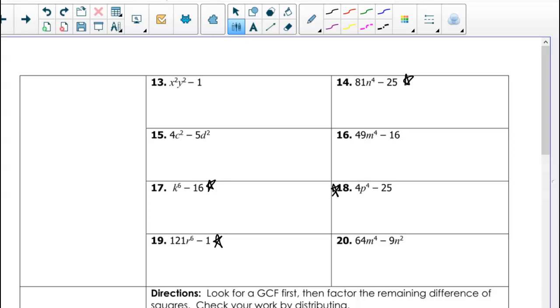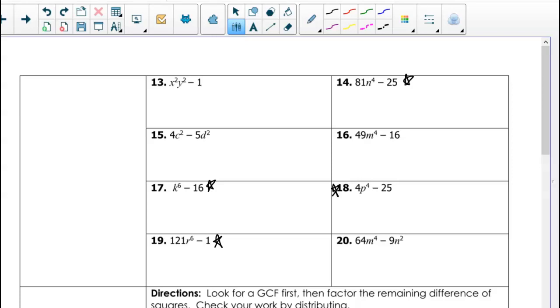Now we have a few that have an exponent of 4 and an exponent of 6. So I'm going to show you how we would do this, because it's the same way, it's just a little different. The square root of 81 is 9, we know that much. The square root of 25 is 5. For n to the 4th, this is really for any even exponent. If it has an even exponent, it means it can be divided by 2.